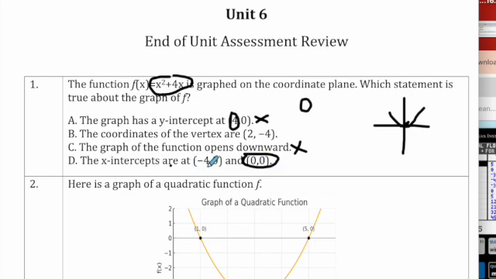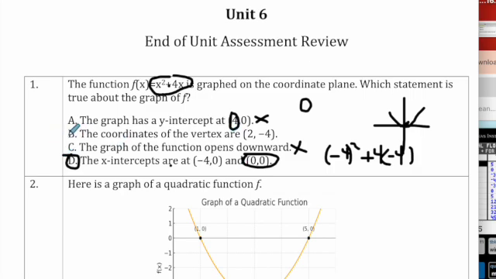And then if I plug in negative 4 in this equation, I would have negative 4 squared, I'm just going to put that square on the outside of it, plus 4 times negative 4, I would end up with 16 minus 16, which is 0. So that is our x-intercepts. Okay, so that is true.